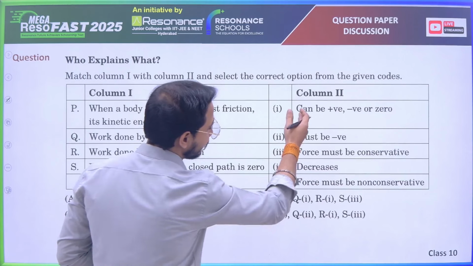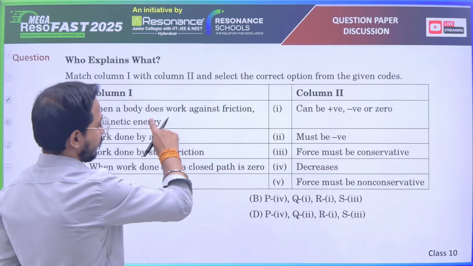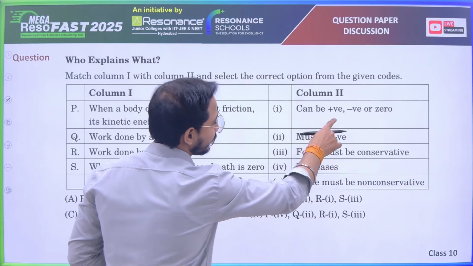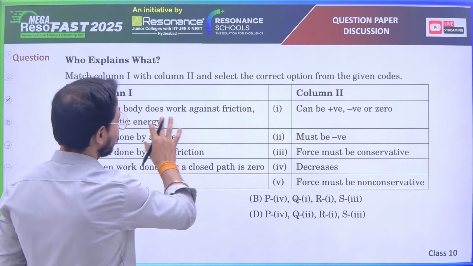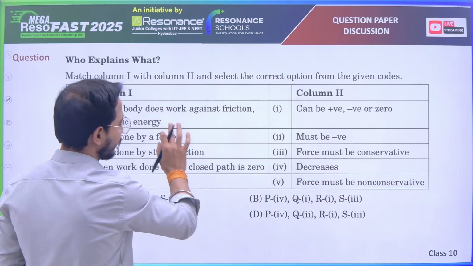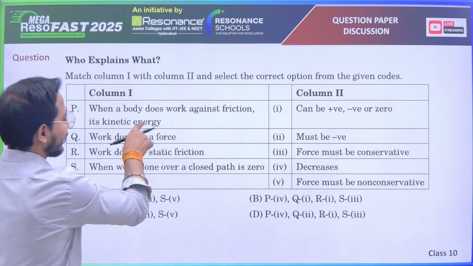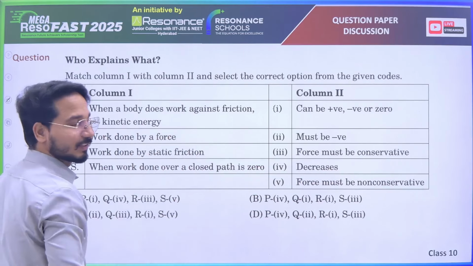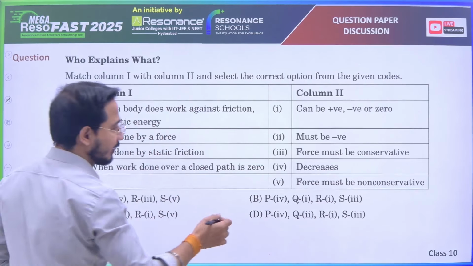So from the options we have to select the best suitable one. It can be positive, negative or 0. So this is not suitable. Must be negative, force must be conservative, decreases, force must be non-conservative. It is asking about kinetic energy, so when a body does work against friction, its kinetic energy decreases.